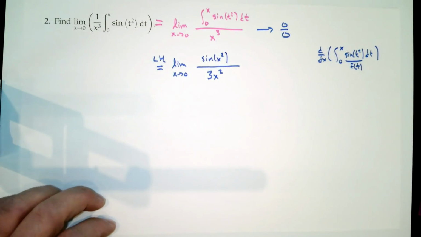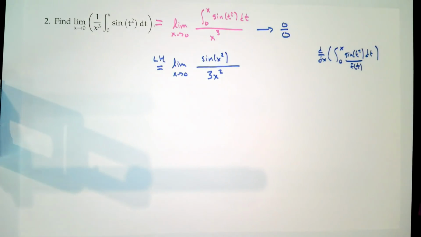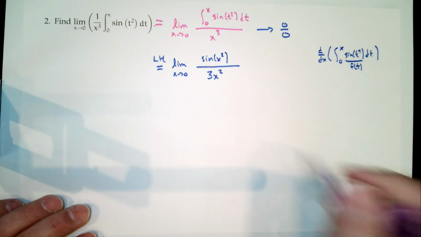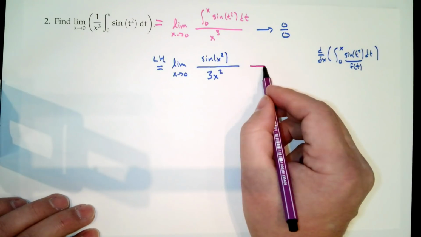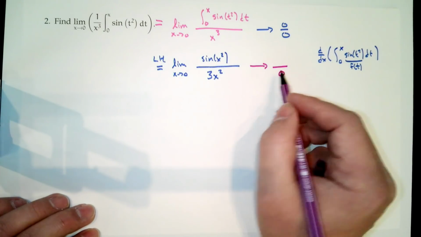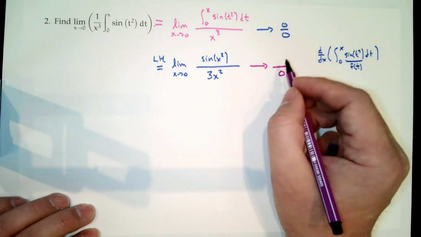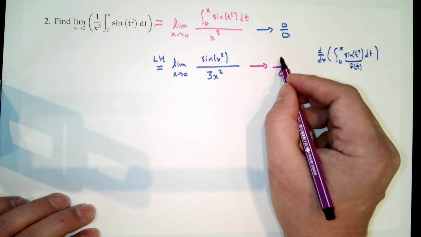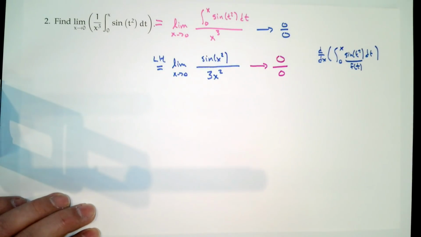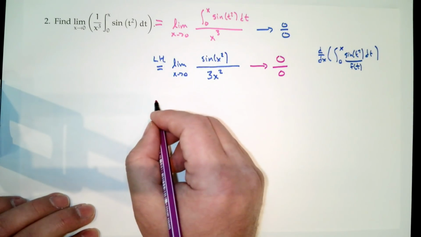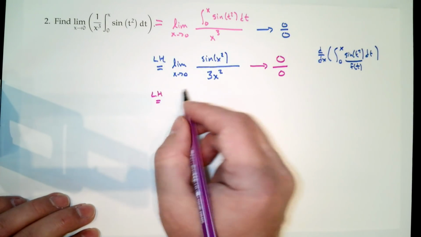All right, well, where does this go to? I still get 0 downstairs. What do I get upstairs? I'll get sine of 0. Sine of 0 is? It's 0. Ah, 0 over 0. Oh, l'hôpital, mon ami. Yet again.